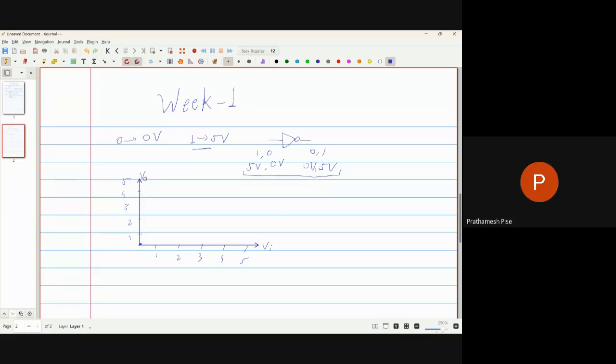Yes, output should be 5 volt. And if the input is 5 volt, what should be the output? 0 volt. 0 volt, which will come here only.